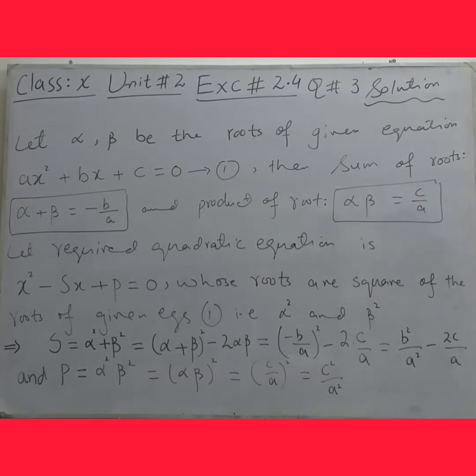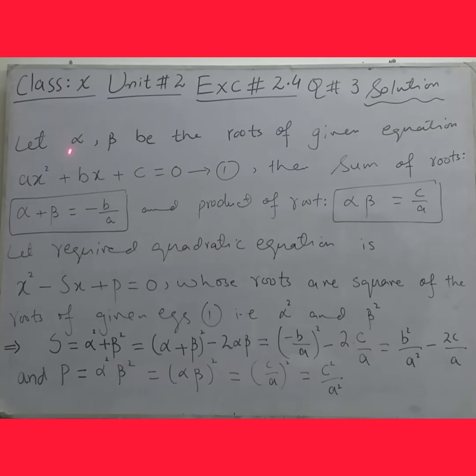Now let the required quadratic equation be x square minus sx plus p is equal to 0, whose roots are the square of the roots of given equation 1. This is given in your question, that we have to find an equation whose roots are the square of the roots of this equation.